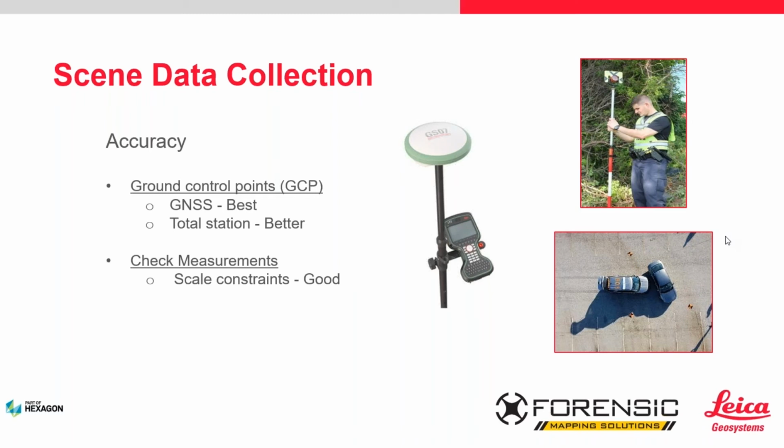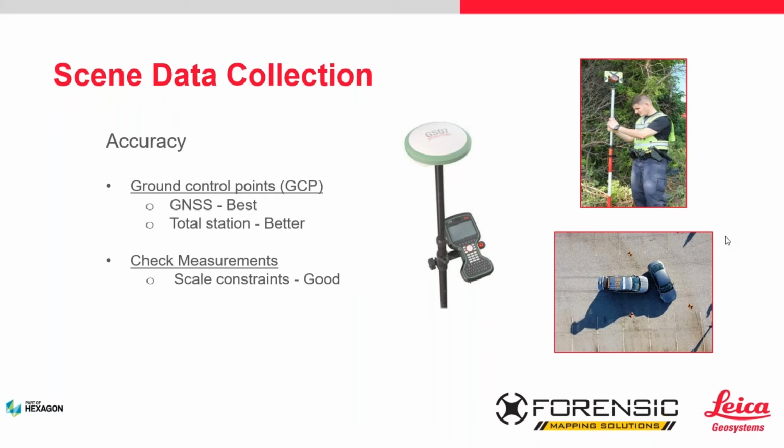And then there's one other way. If some of you don't have a total station or a GPS and you want to use Pix4D or other photogrammetry software, you need to have some type of way to show a jury that your work is accurate. So what we can do, similar to with a total station when we used to put out a 50-foot check measurement or a 100-foot check measurement, check it in the beginning, check it at the end, that is in fact that distance.